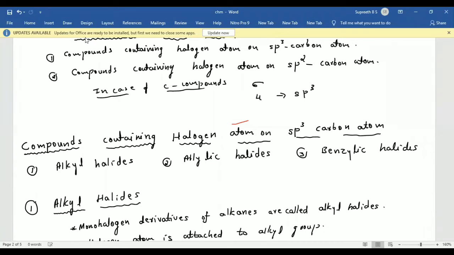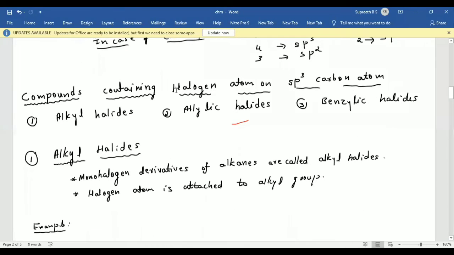If it contains 3 sigma bonds, then it is sp2 hybridized. If that carbon atom contains 2 sigma bonds, then it is sp hybridized.